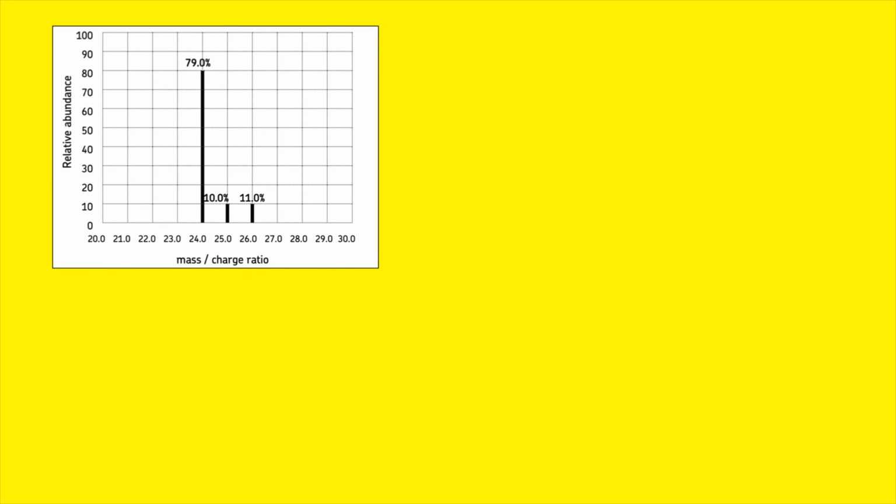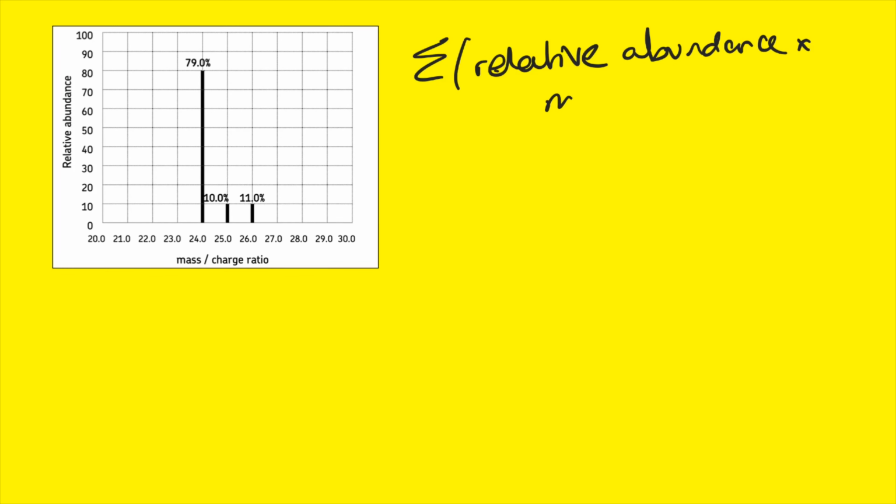Okay, so let's have a look at an example calculation. We're going to calculate the relative atomic mass from the data that we just looked at. The first thing we need to do is work out the sum of the relative abundance times the mass to charge ratio.